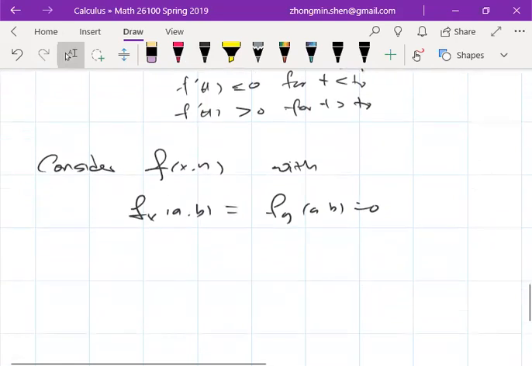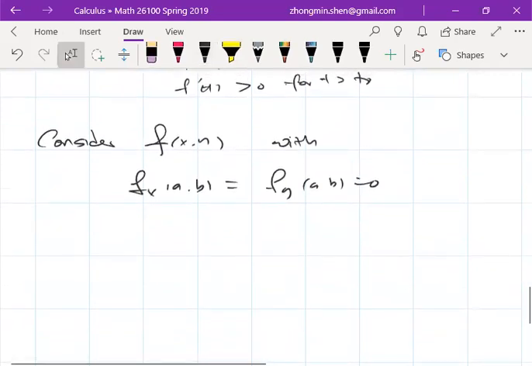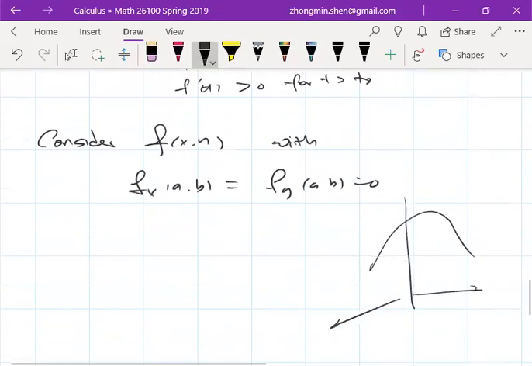So what I'm going to do is consider the directional derivative. So this is a picture. I assume this is a local maximum point. So I look at the directional derivative.